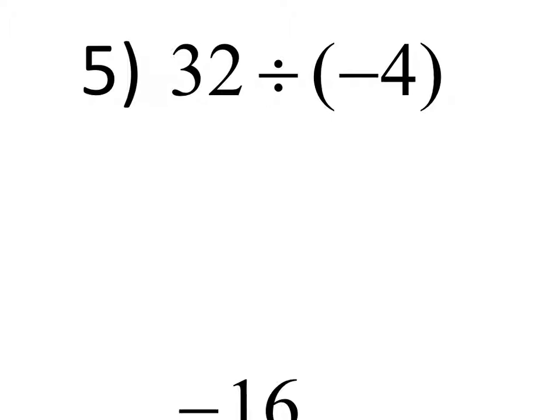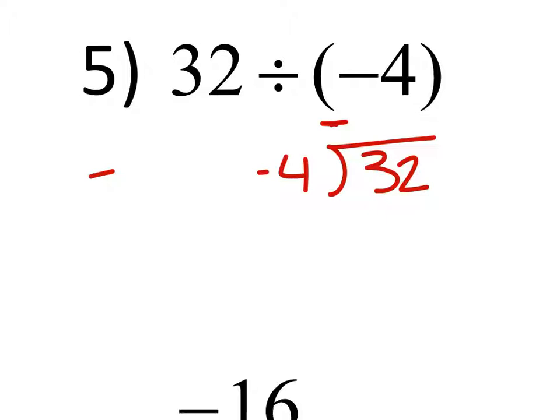All right, if I had 32 of something, say 32 dollars, but I divided them amongst 4 negative people, then each dollar will come out as a negative. We'll divide 32 by 4 and just make the answer negative because we know it's 4 negative people. 4 doesn't go into 3, but it will go into 32 8 times.